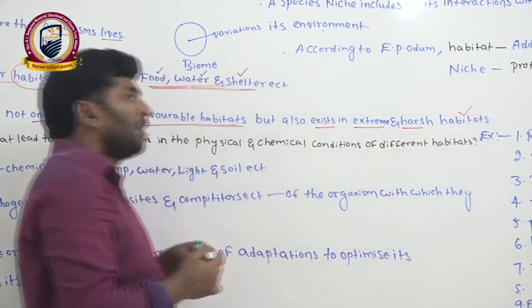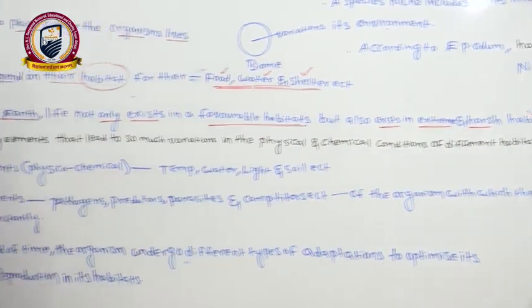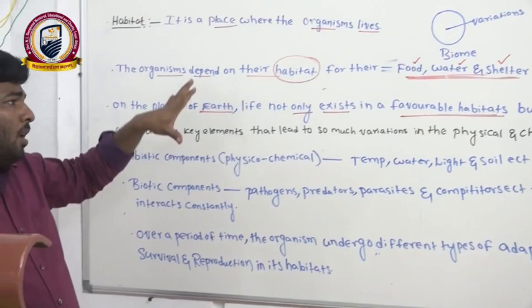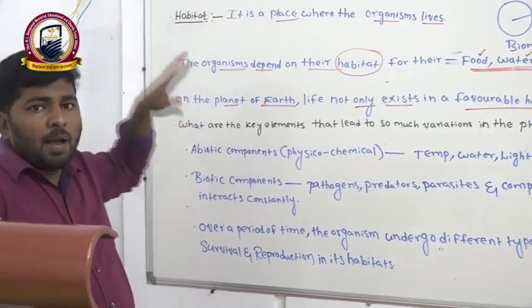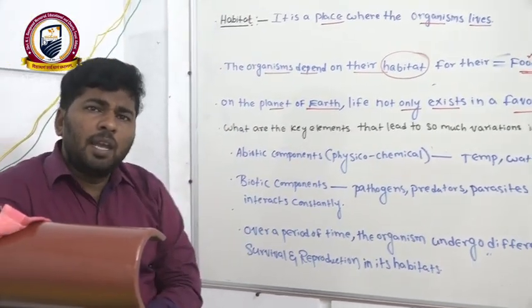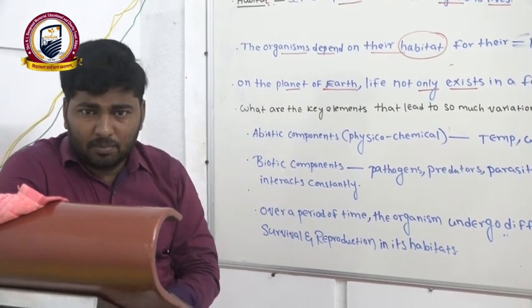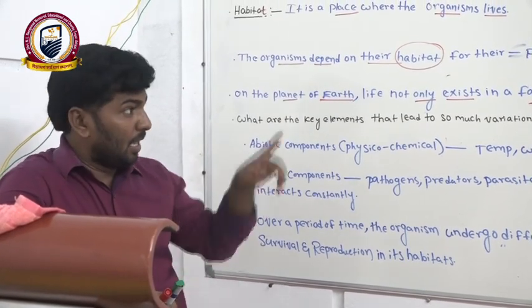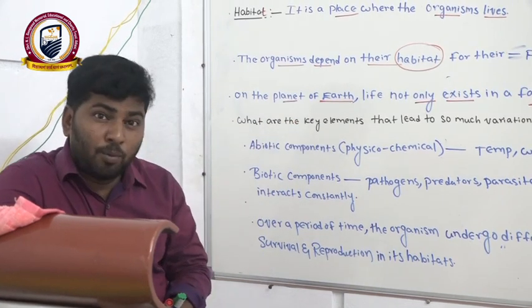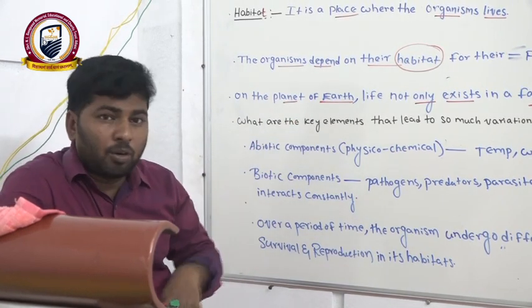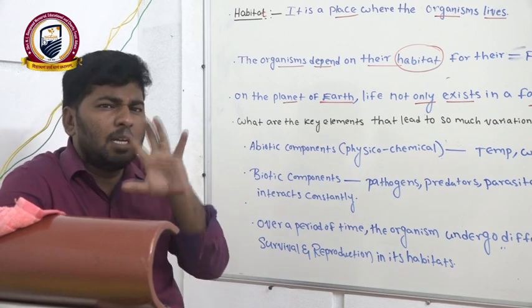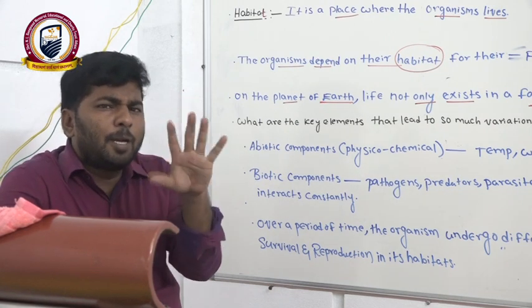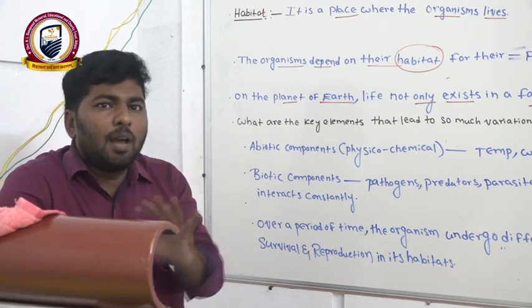The reason is, for example, if you take Bangalore as a good habitat, there we'll get proper food resources, as well as a proper amount of water and shelter. You feel that Bangalore is a good habitat.